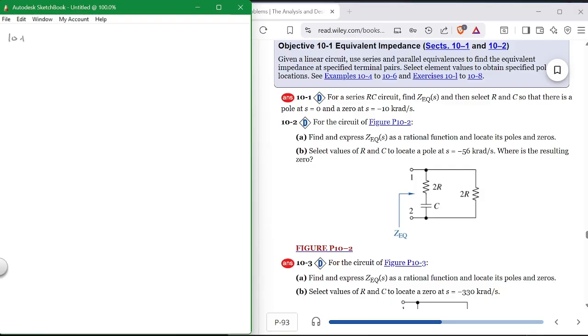Let's look at this circuit and see what they're asking for. I want a Z equivalent, okay? Now here they just use the values R and 2R and C. And what would be the equivalent of that? Okay, so I've got 2R, I've got C, and I've got 2R over here.